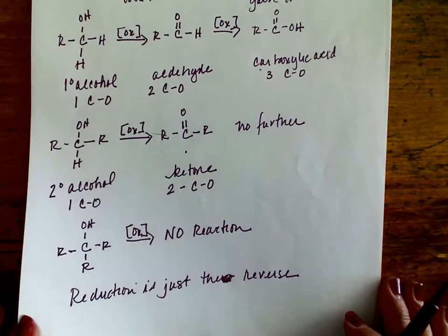Okay. I thought about covering a couple other reactions, but I think I'll wait until we're actually looking at those molecules. So we're going to move on to drawing cyclic forms of both glucose and fructose, because this is something you're going to have to be able to do.